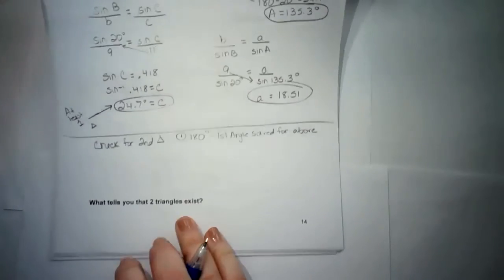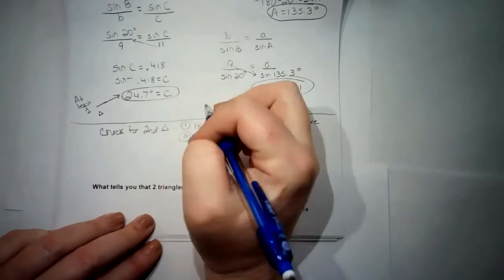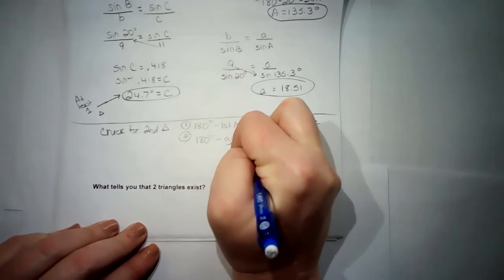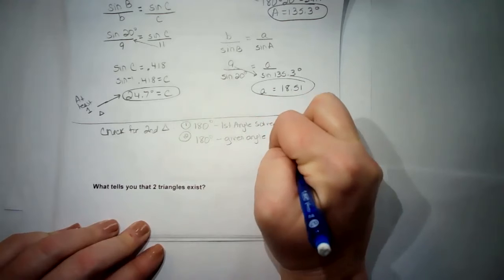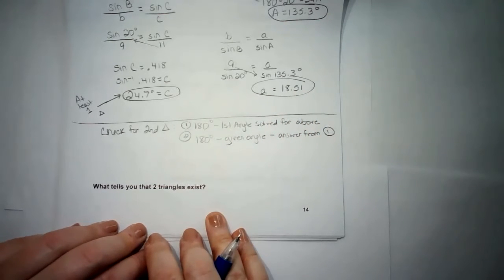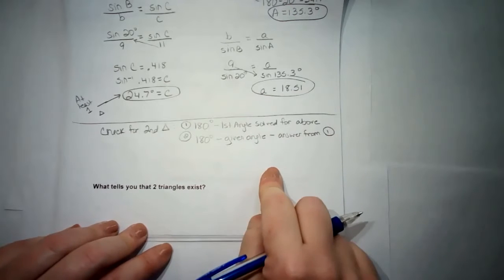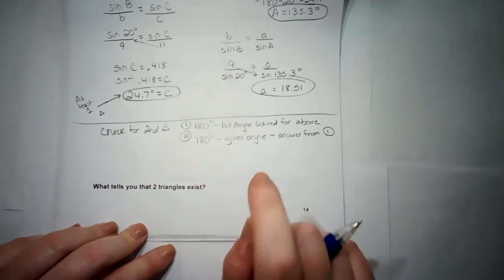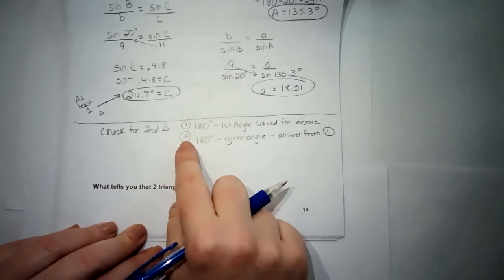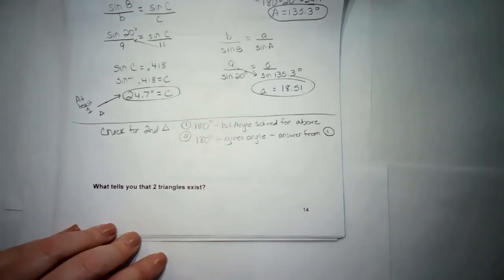Okay, second step, you're going to do 180 minus the given angle from the problem minus the answer from number 1. If that ends up coming up positive, you have a second triangle. If it's negative, you don't. That's how it works. Okay, so if the answer to number 2 is positive, you have a second triangle. If the answer to number 2 is negative, you don't, and you're done. You already solved for the first one.